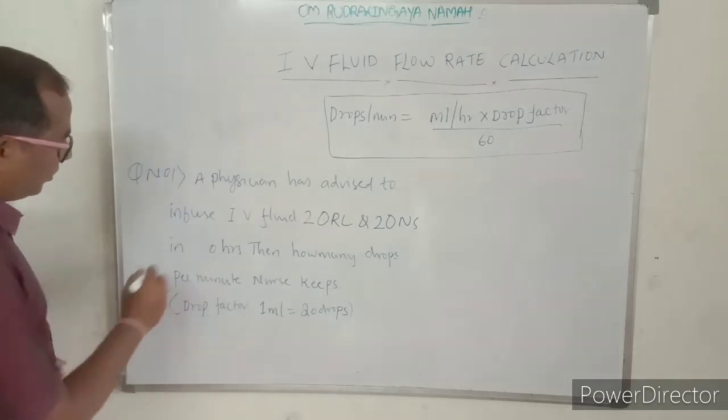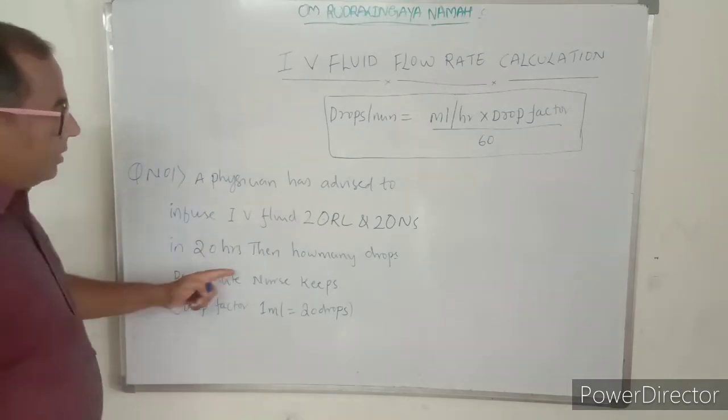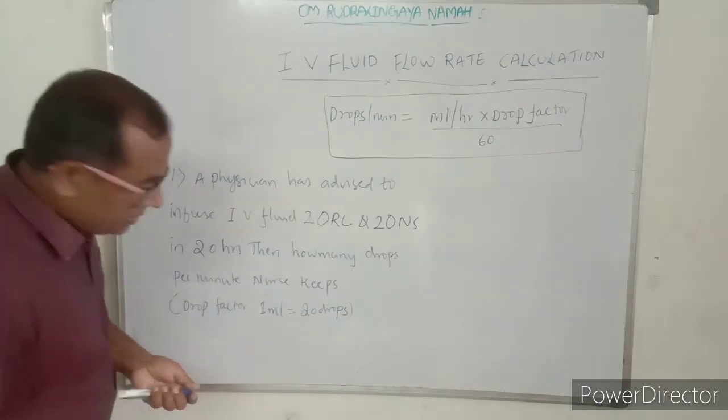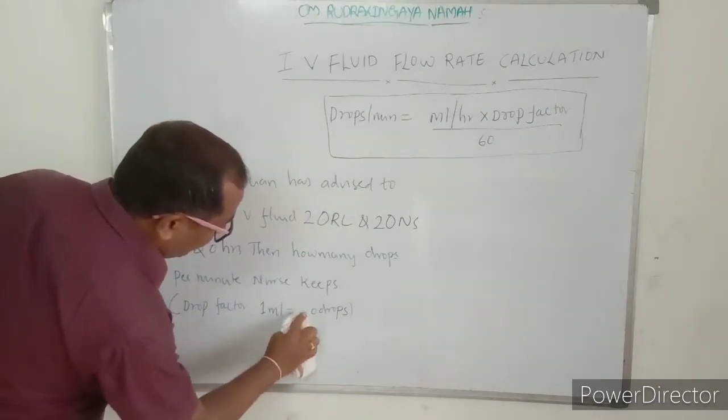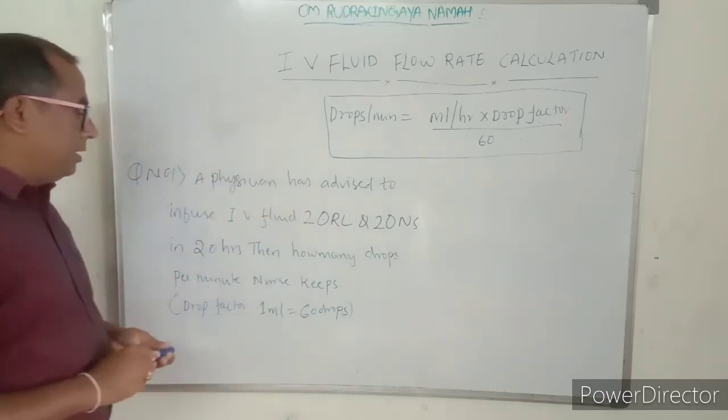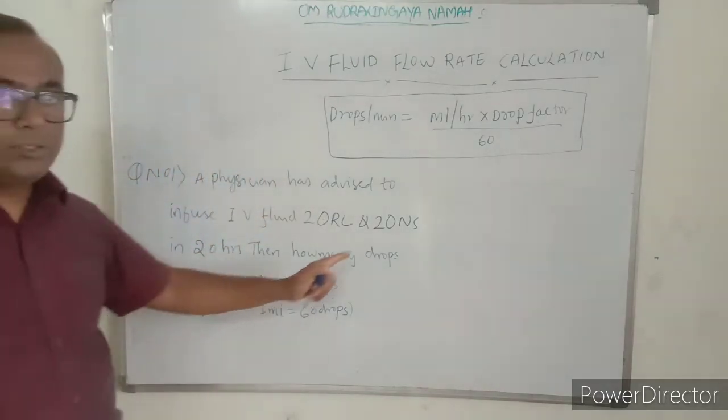In 20 hours, then how many drops per minute should a nurse keep? And the drop factor here, if they give, 1 ml is equal to 60 drops. Okay. Then how many drops per minute does the nurse have to keep?